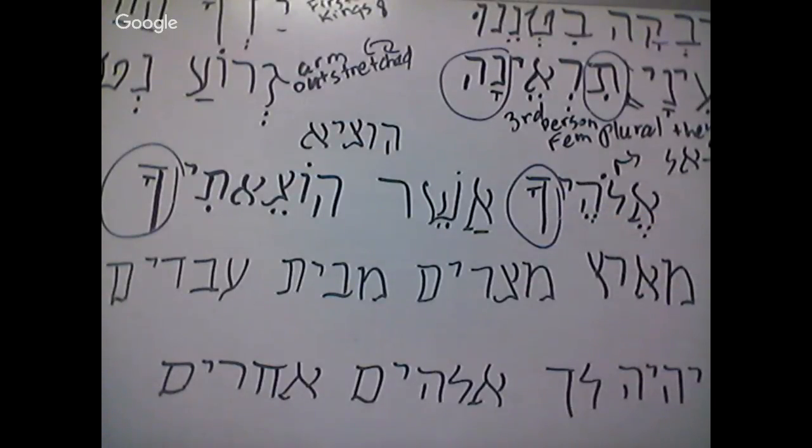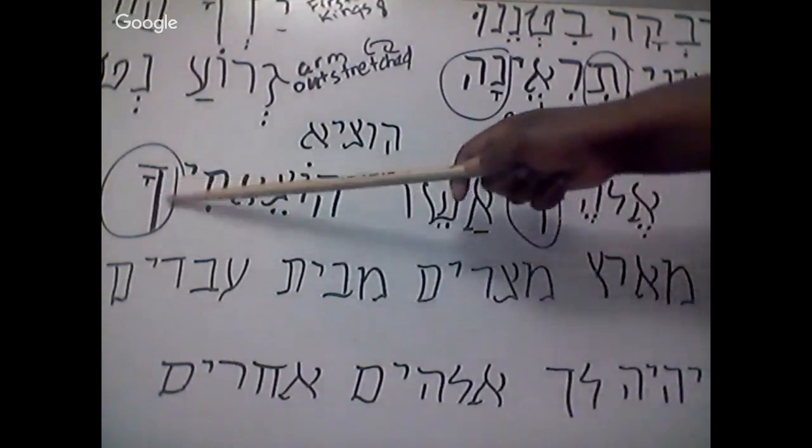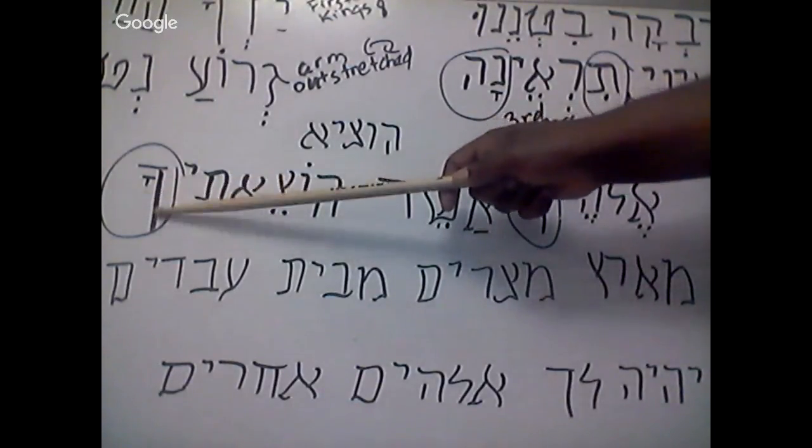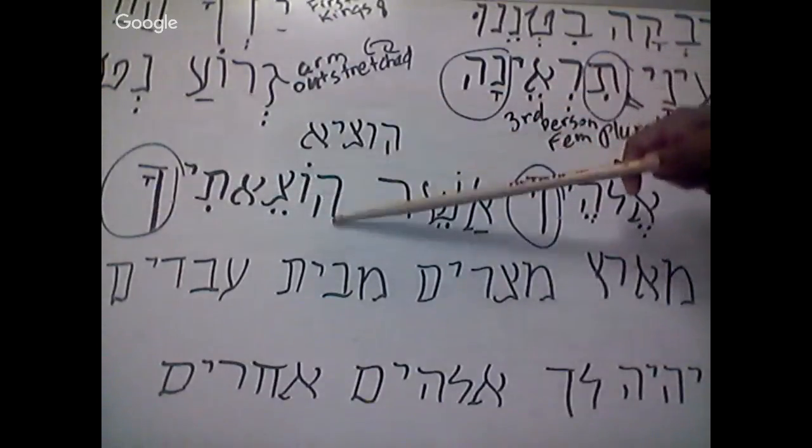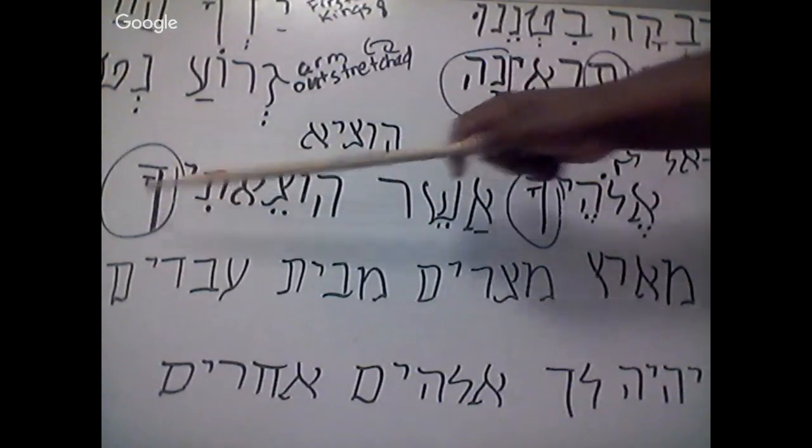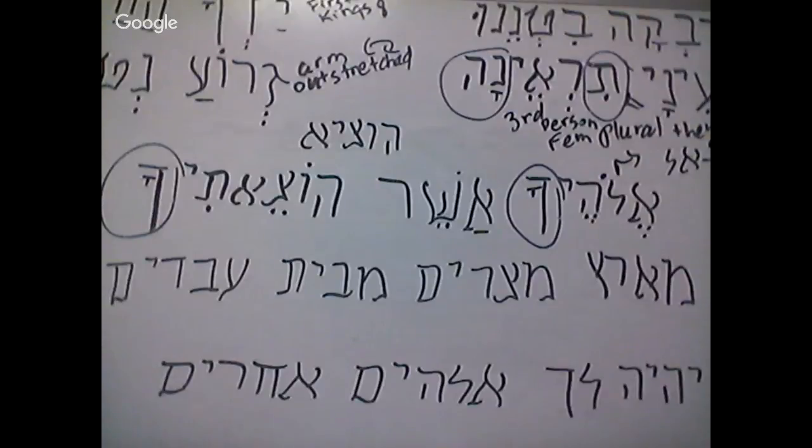So that's why we want to know for edification purposes. When you have this ka, which is a suffix, connected to a verb, it means you. When you have this ka, brothers and sisters, connected to a noun, this ka being a suffix, it means your.